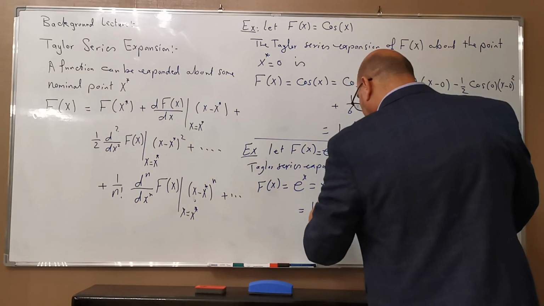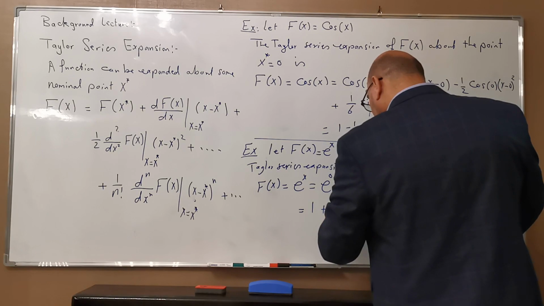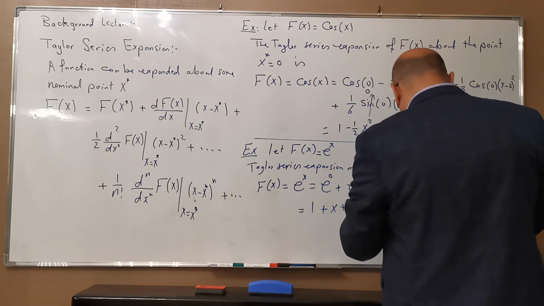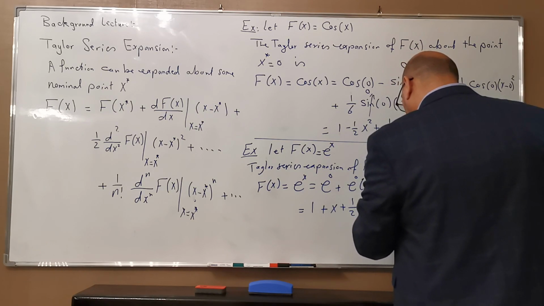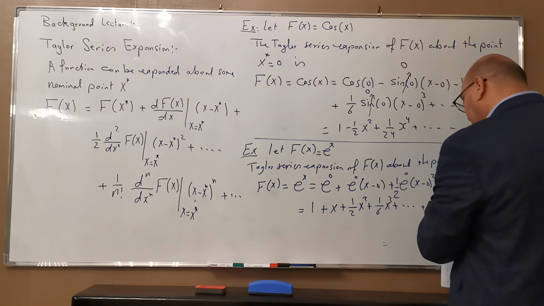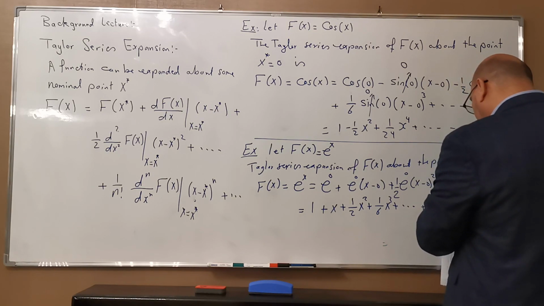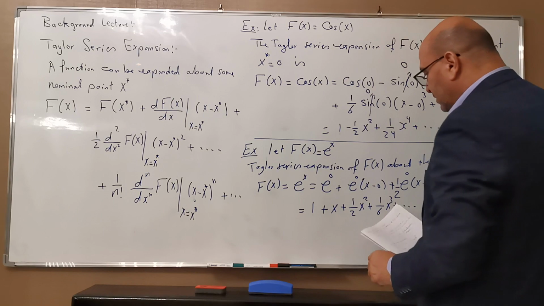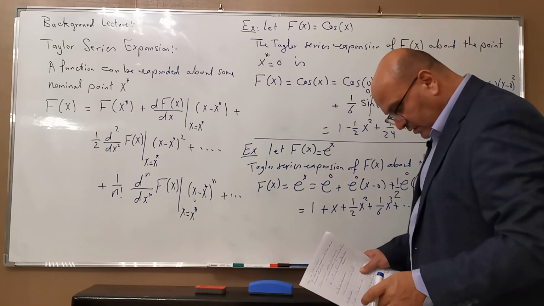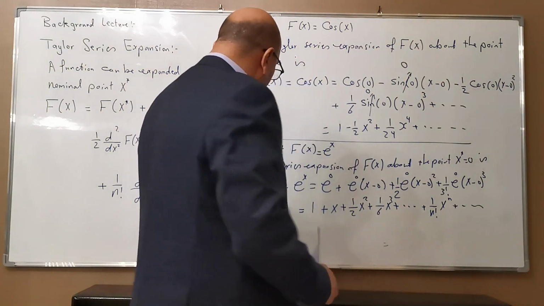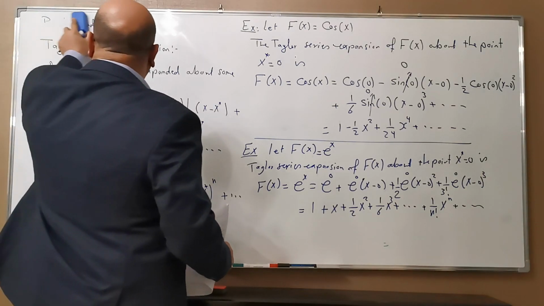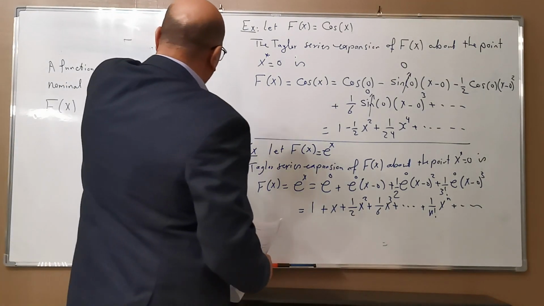So this one will be 1 plus x plus 1/2 x squared plus 1/6 x cubed plus 1 over n factorial x to the n. So this is e to the x, and I think you know this from calculus. So this is the Taylor series expansion of e to the x also.